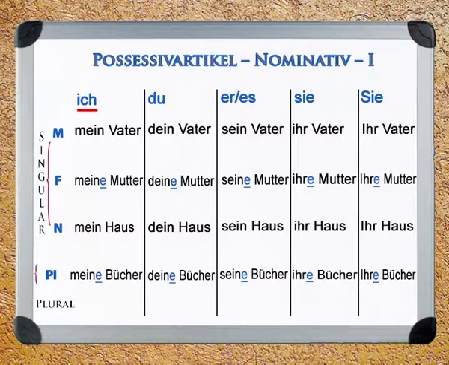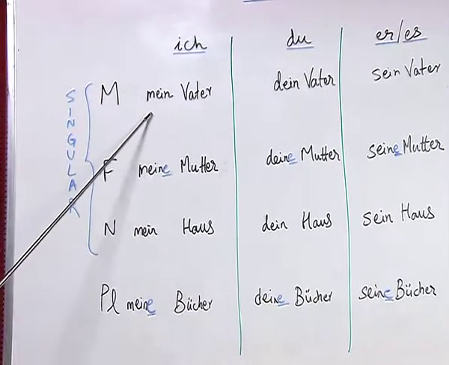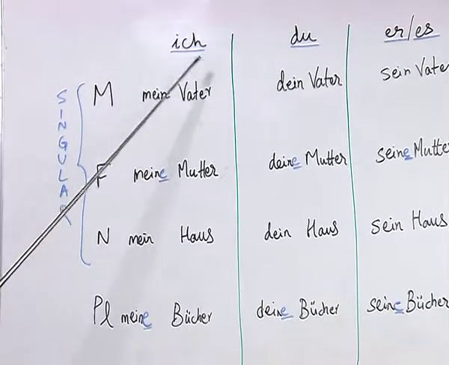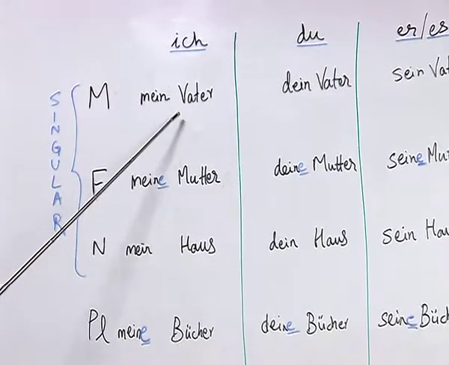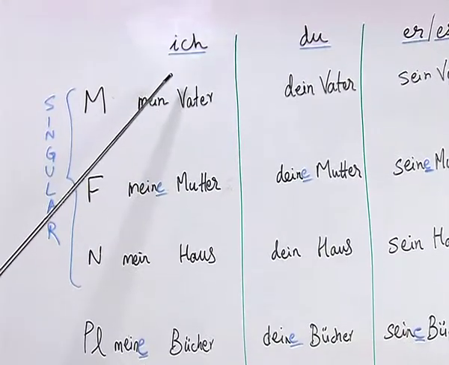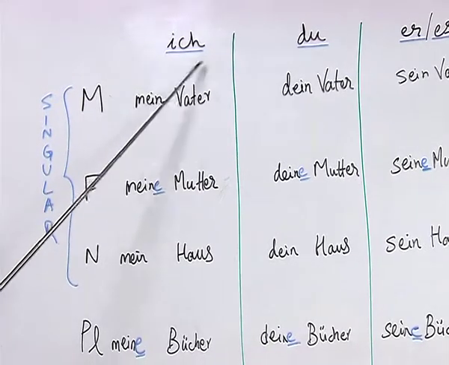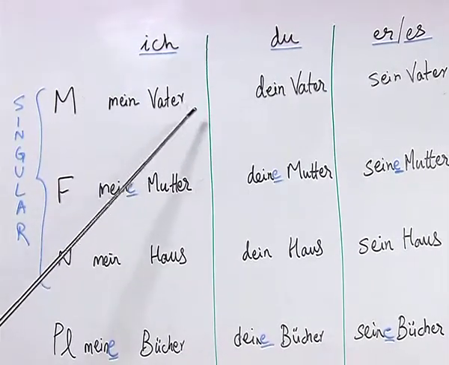You know that ich is the first person pronoun singular, du is the second person pronoun singular, er, es, sie are third person singular pronouns, and Sie here also is a second person pronoun in singular. Well, in German, the possessive article plays a very important role in terms of the ending of the noun and also based on the pronoun to which it is attached.